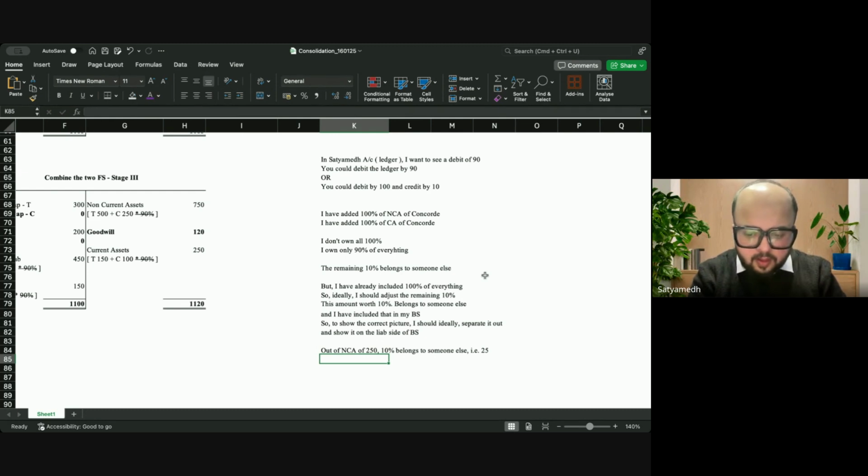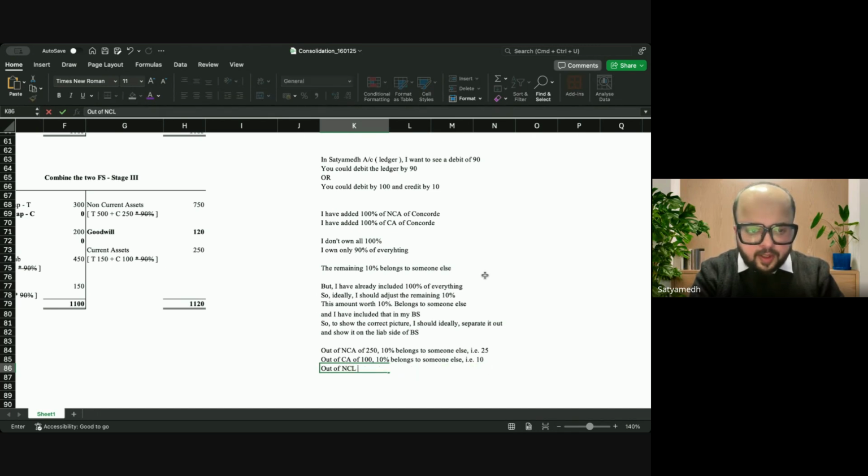Then out of current asset of 100, Concord, 10% belongs to someone else, that is 10.